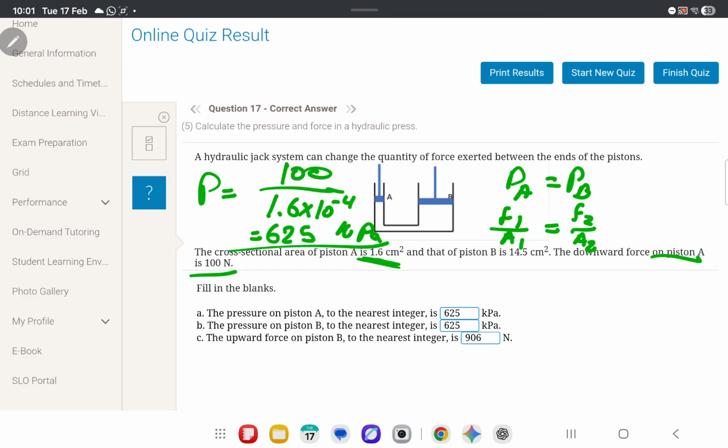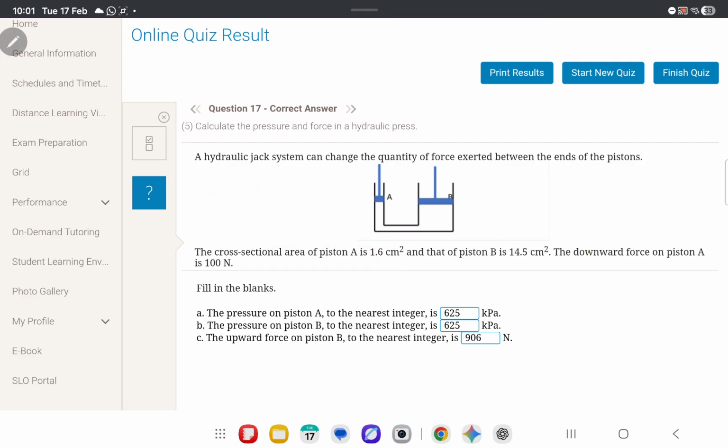Now, the pressure on piston B, remember, the entire principle of the hydraulic press is that this is conserved, so this will be the same. Now, the upward force, remember what I said, F1 over A1 equals F2 over A2. F1 over A1 you can just write as 625 times 10 to the power of 3, because we already found F1 over A1, the pressure of A, in part A. This is 625 kilopascal.